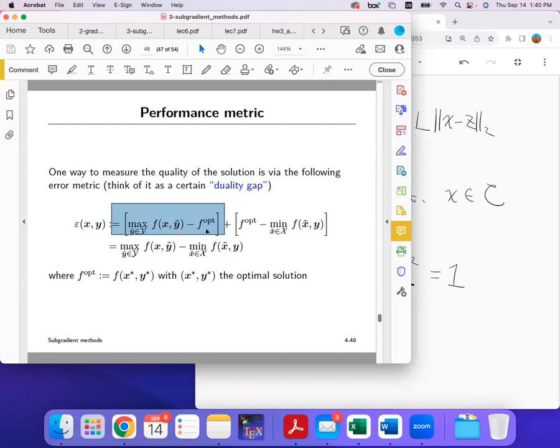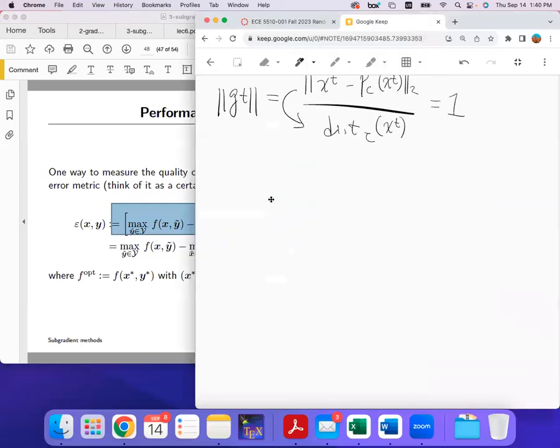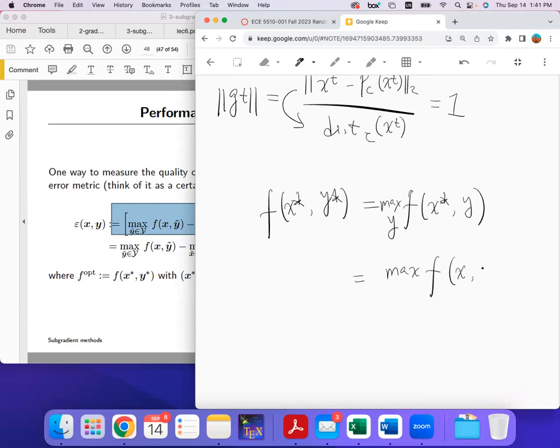Right. Because for x star, you can say this, f x star y star, because it's the equilibrium point, it equals f x star y, the max over y. It also equals f x y.